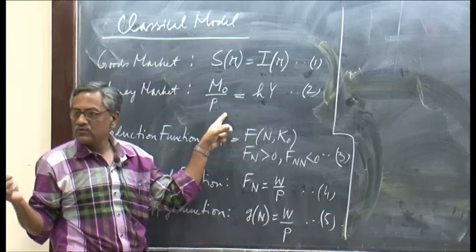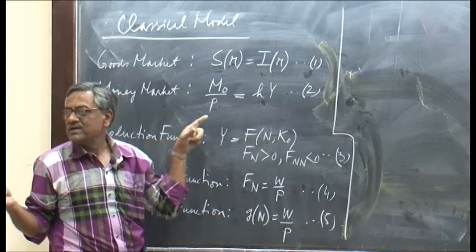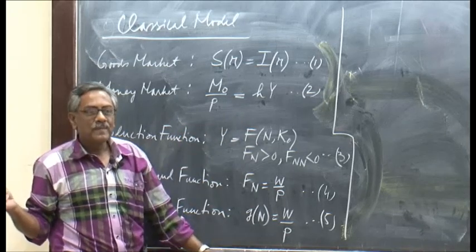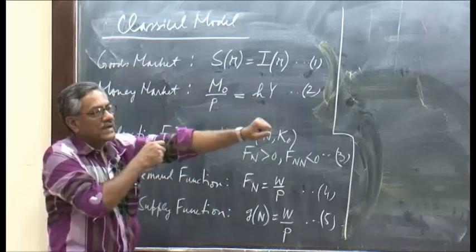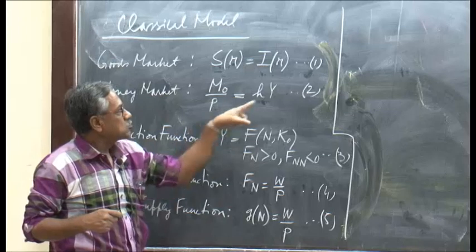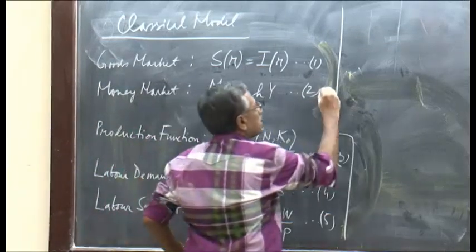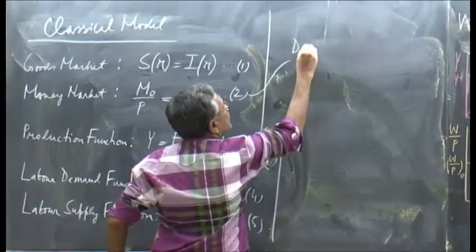How would the relationship be between P and Y? You can see here that M naught is constant, H is constant. So P into Y is a constant. This equation alone will give me the demand function.